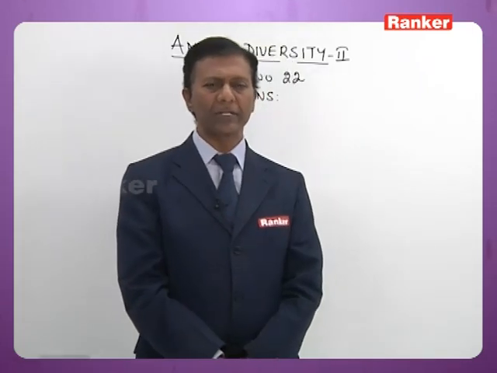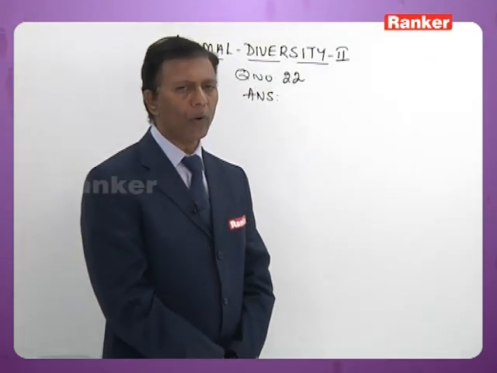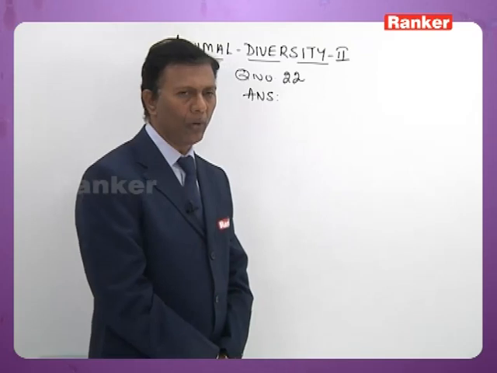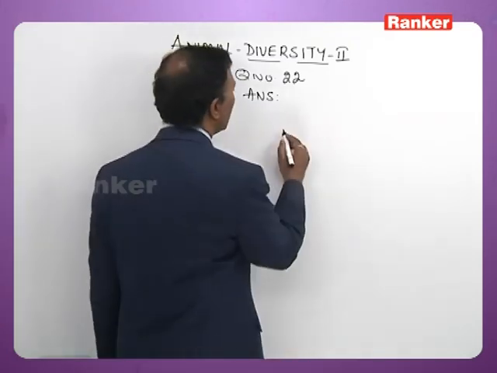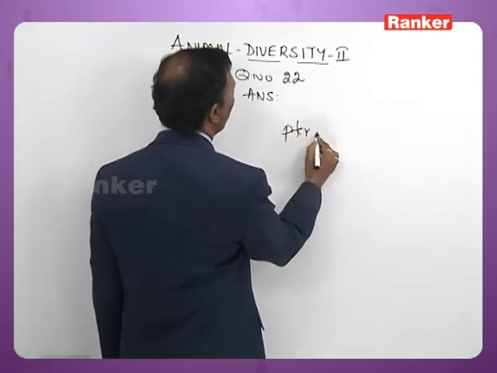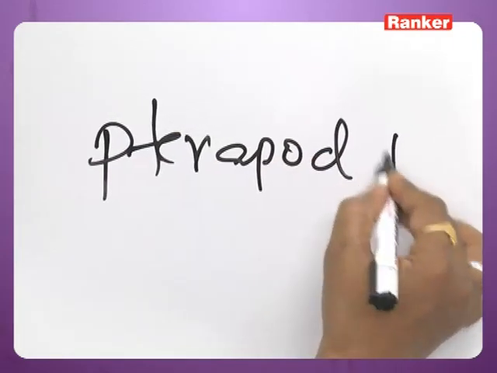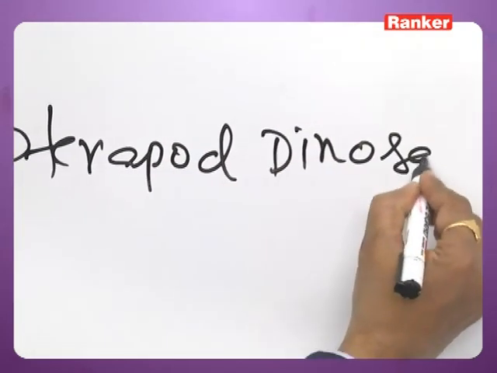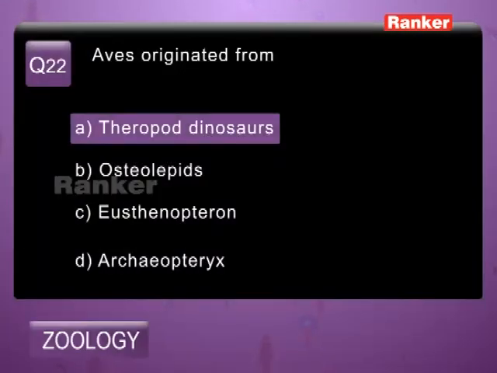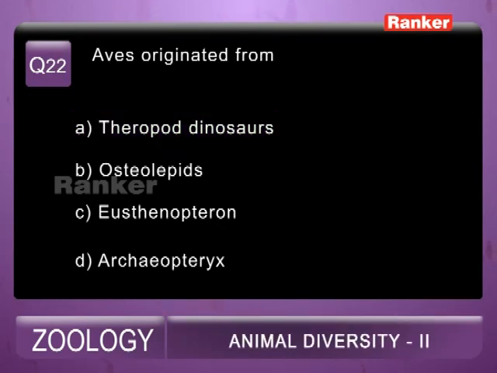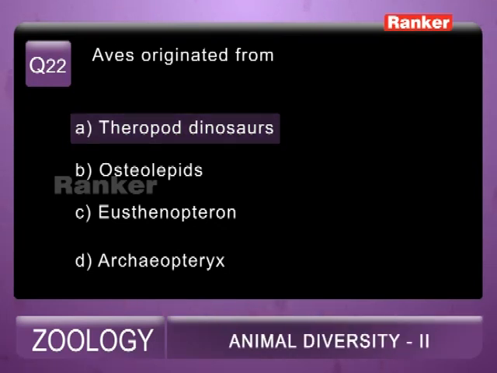So, the 22nd question's correct answer is A, theropod dinosaurs, which gave rise to birds in the Jurassic period.